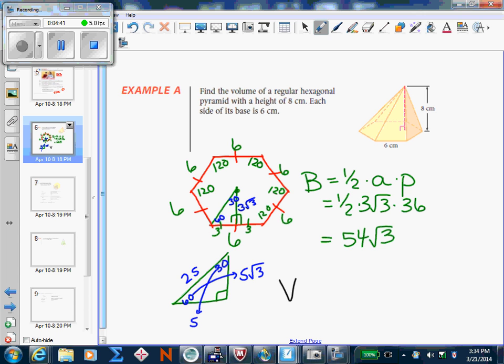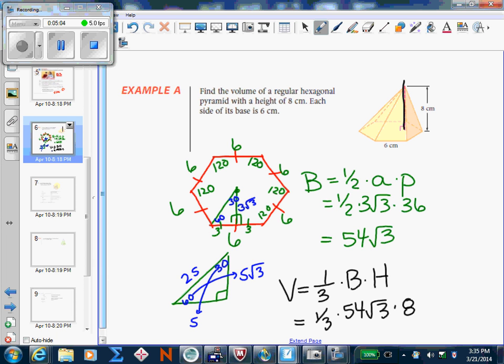So we're going to write down the formula for a volume. 1/3 big B times big H. Big B is 54 square root of 3. Big H was given to be 8. Remember, H is the height of the solid.